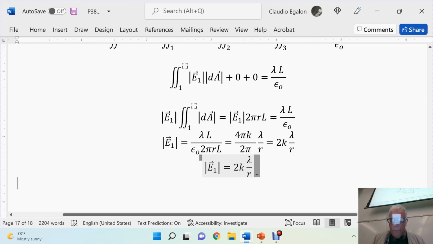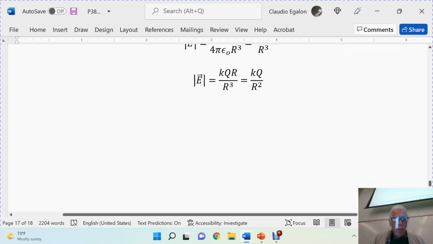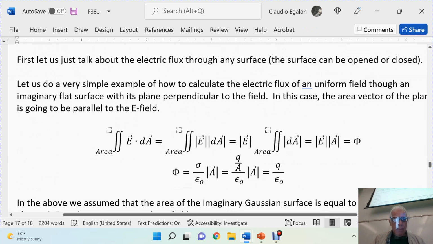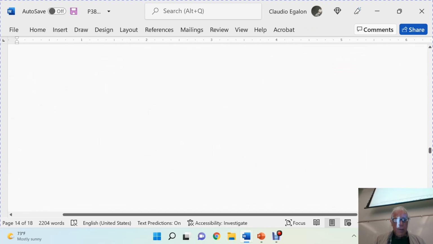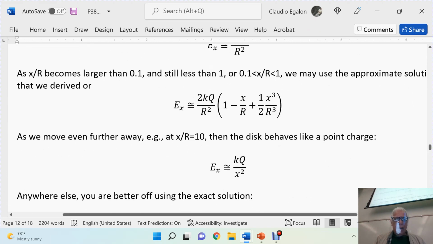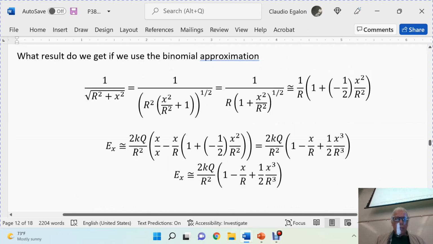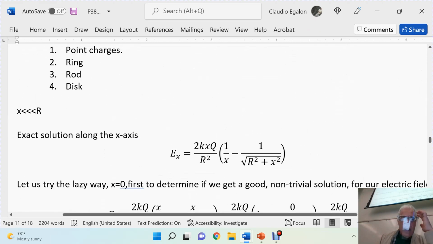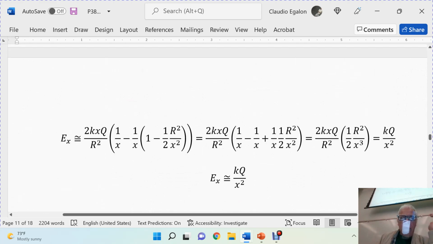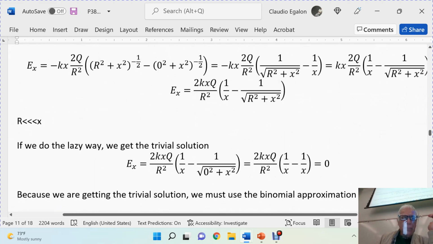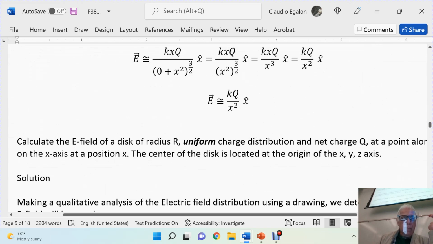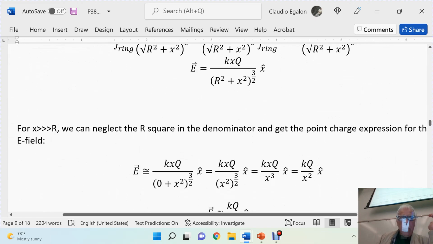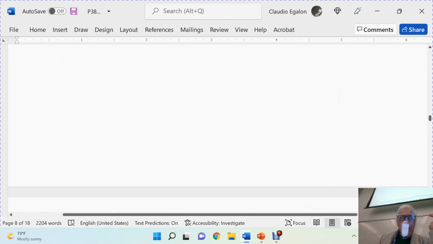Let me see if I find that for you. Let's see. That was not using Gauss's law, but using Coulomb's law, and going through the trouble of integrating it. I'm going to spend a little bit of time just looking for it.